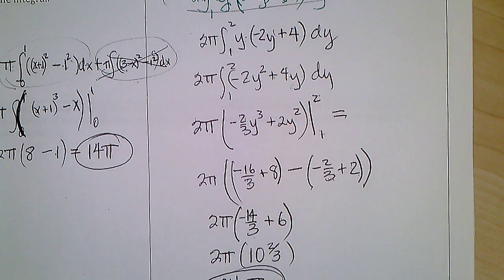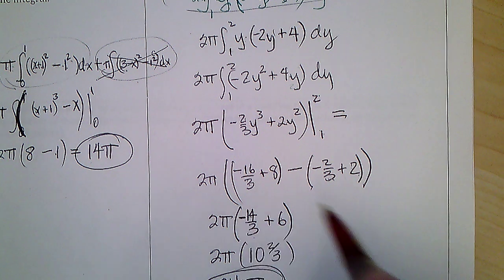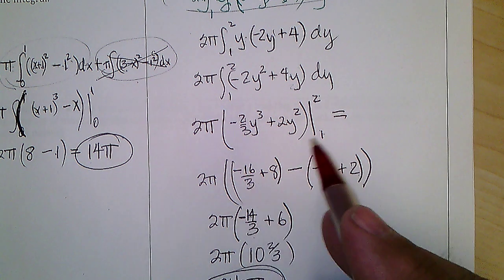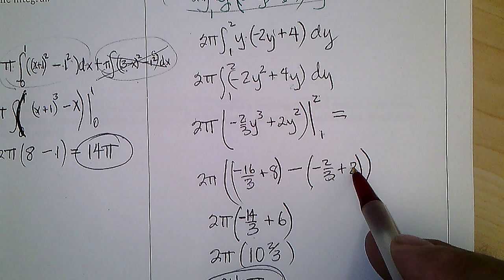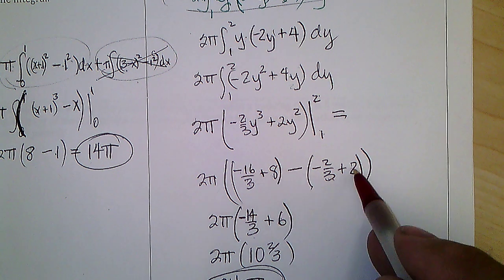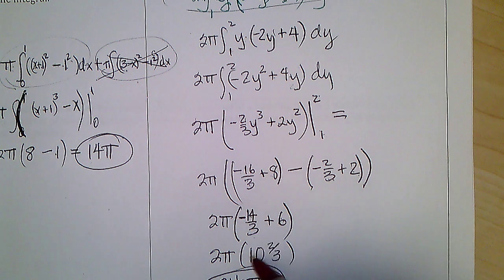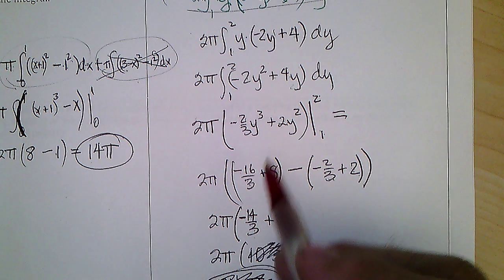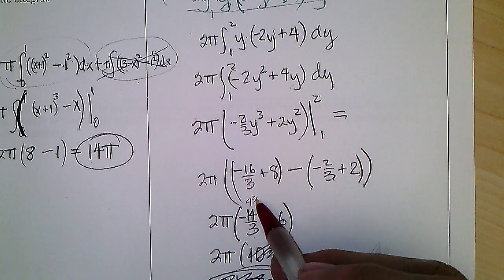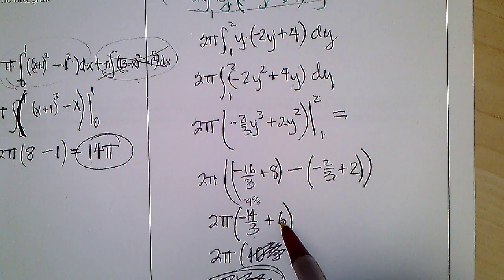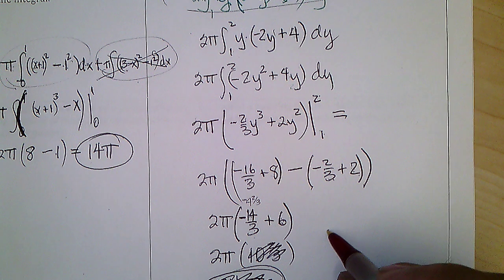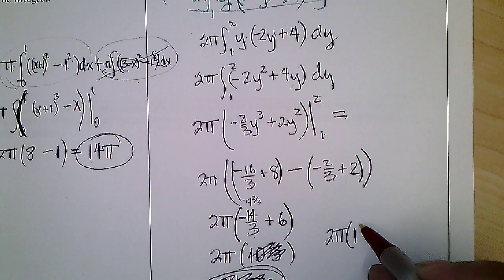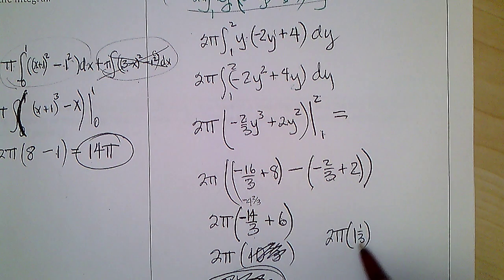Yeah. Okay, that's not going to fix my problem, but minus 14/3 plus 8 and 2 is plus 8 minus 2 is 6. So that's off. So that's 4 2/3 from 6, that's 1 1/3. 2 pi times 1 1/3 or 4/3 is 8/3 or 2 2/3.